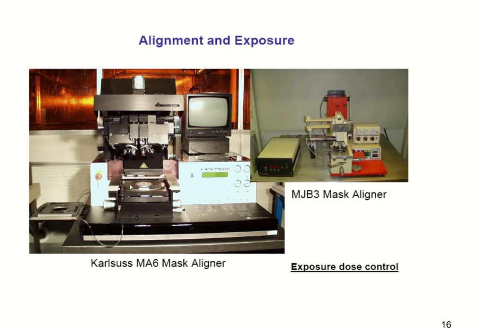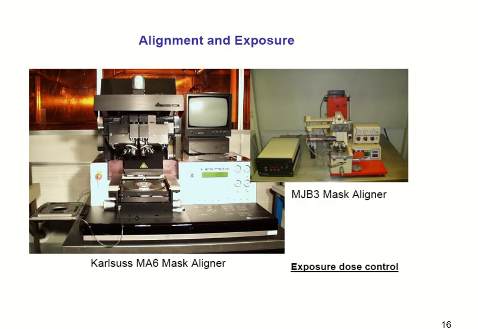Here you see the wafer holder, which you can exchange, but this one is for a 4-inch wafer. They apply vacuum to hold the wafer. Over here is the mask holder. You can take it out, put in your mask, and put it back, and you can apply vacuum to secure the location of the mask.